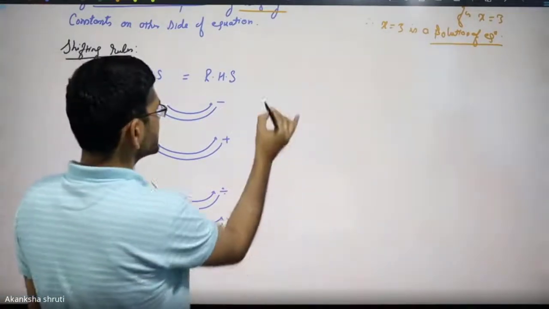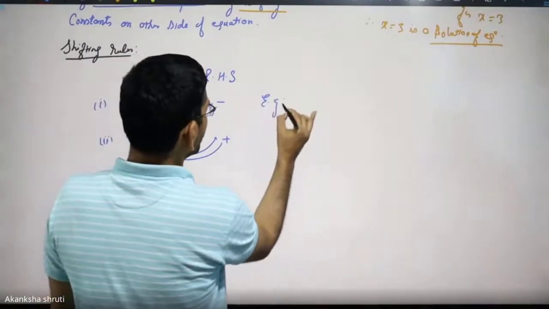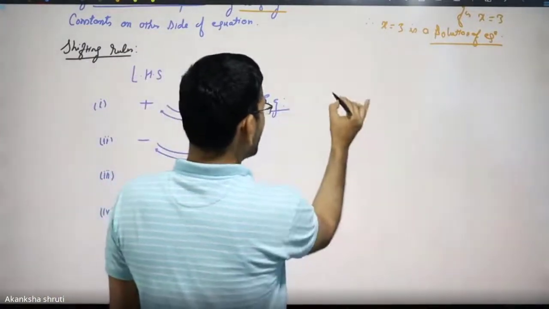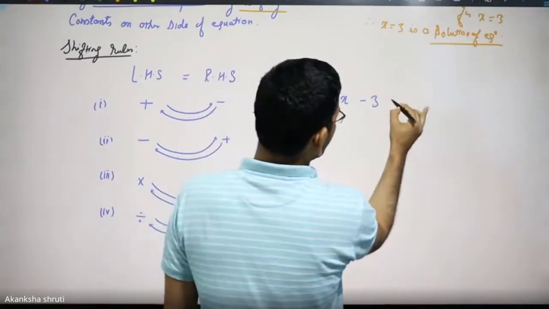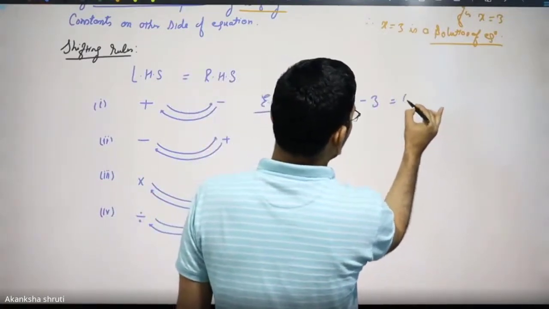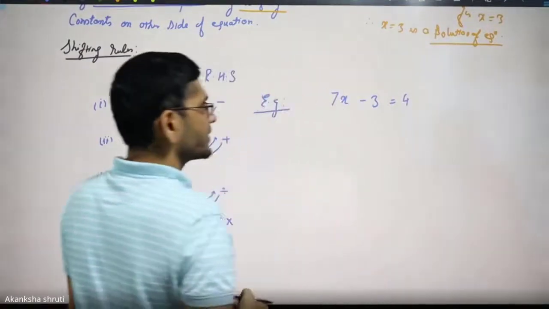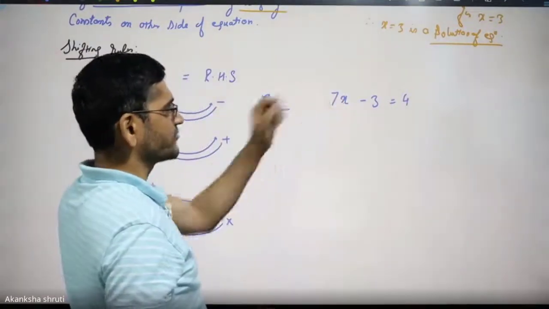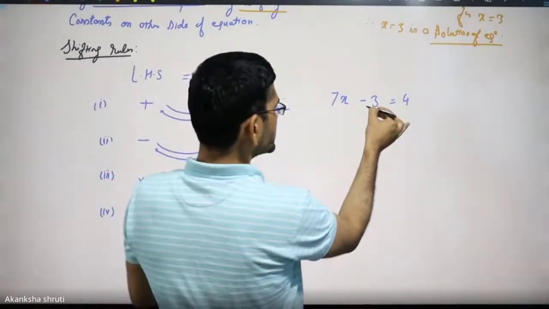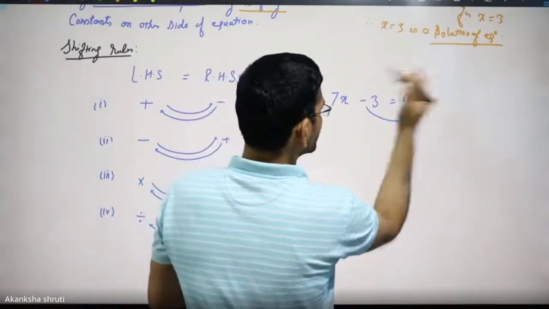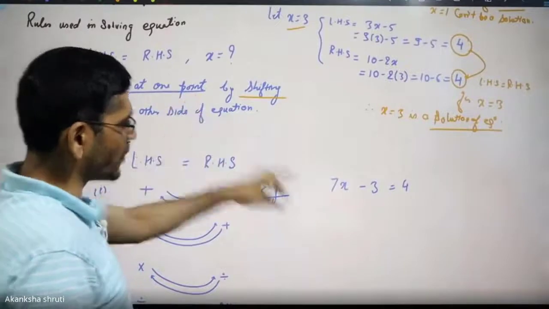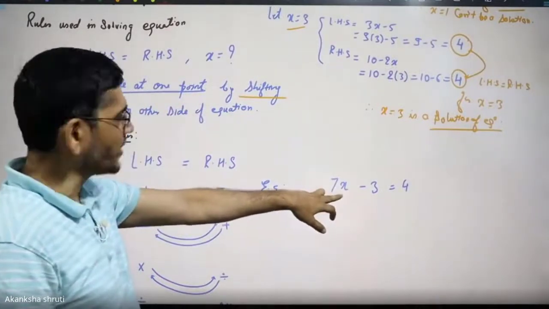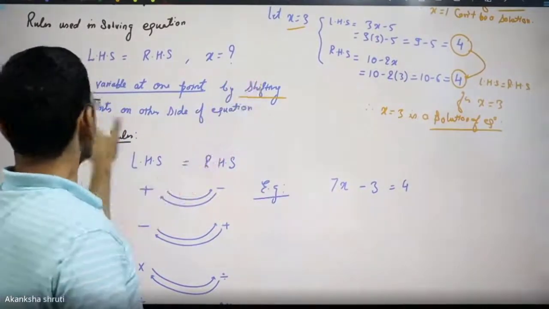Students, let us write one example here. If I have 7x minus 3 equals 4. Keep in mind the variable x is in one place only. I need to shift this 3 to the right hand side, so the variable is at one point and the constant is on the other side.